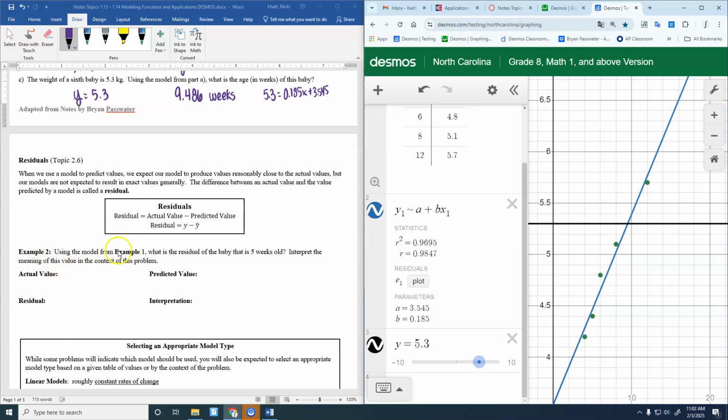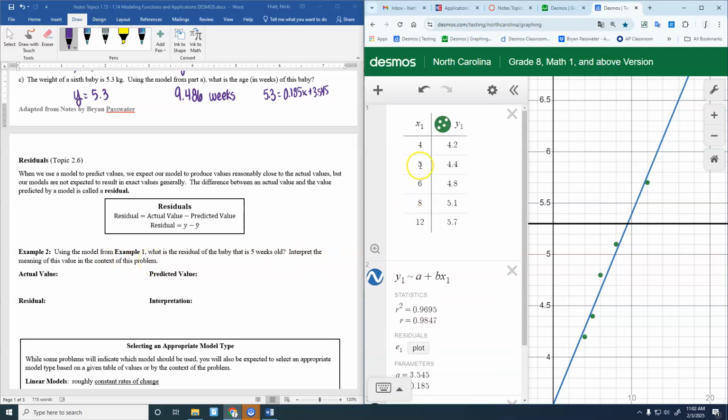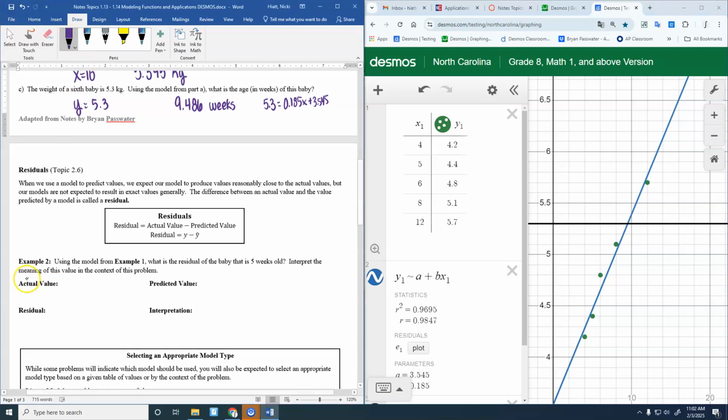So, for example 1, what is the residual of the baby that is 5 weeks old? Interpret the meaning of this value in context of the problem. If I go to my table, there was a baby that was 5 weeks old. It was 4.4 kilograms. So my actual value comes from the table, and it is 4.4 kilograms.